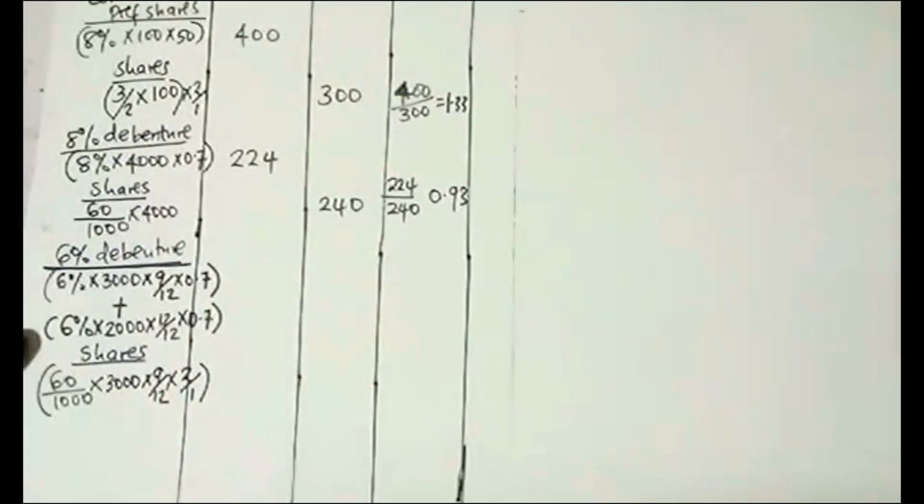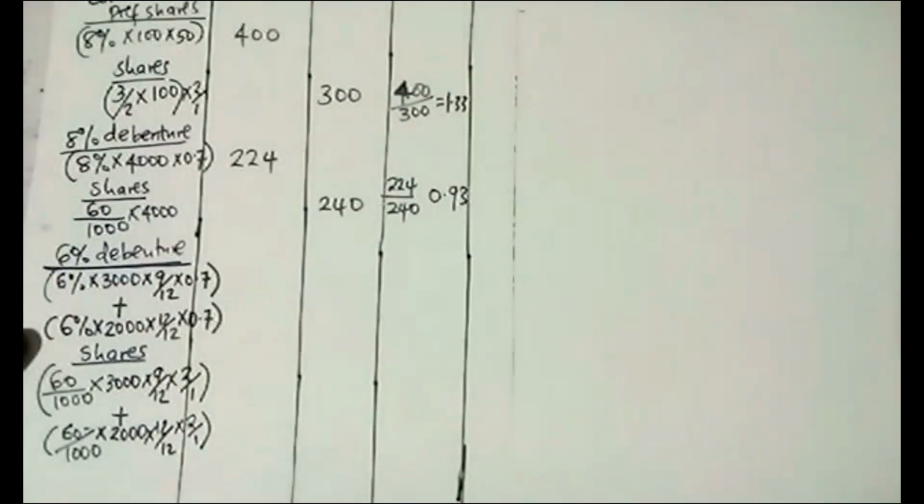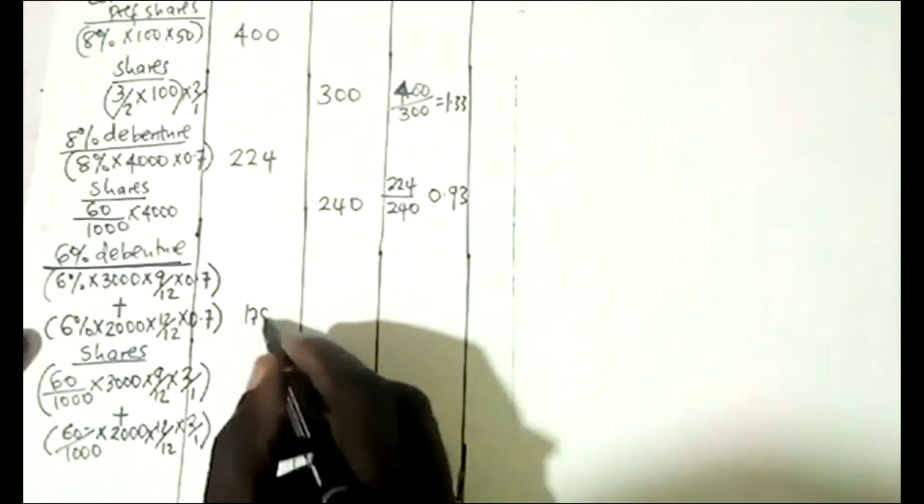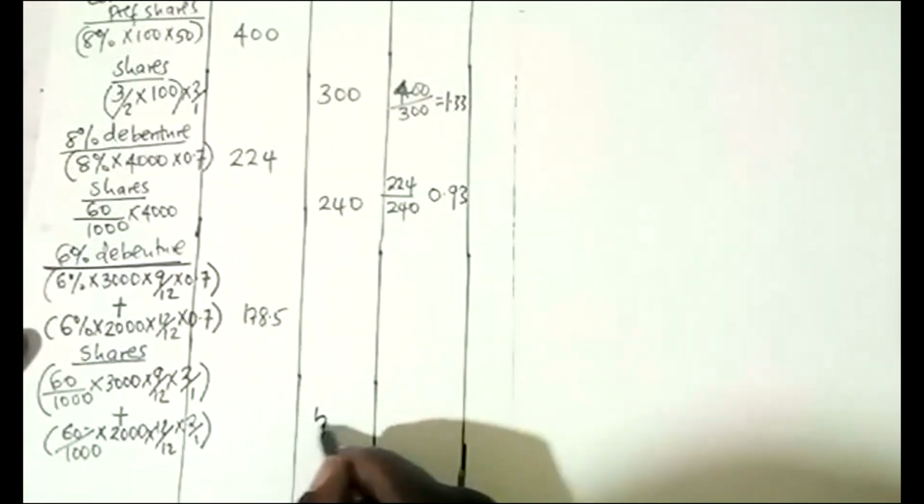We need to split this, plus 60 you divide by 1,000 times 2, the unconverted. You multiply 12/12. You split 2/1. So this one is supposed to give you 178.5, and this is 510.